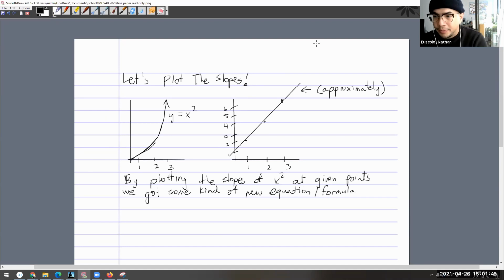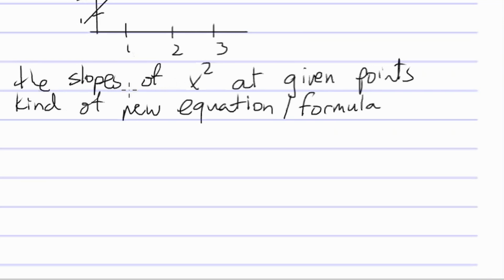Theoretically, if I were to pick a point on this graph, say if I were to extend this to 4, assuming it'll probably be 8, I'm just going to say, at x equals 4 the slope will be 8, right? Which you can picture on the parabola like a really steep line with a slope of 8 up there. So this new equation and formula is basically the cornerstone of differential calculus.